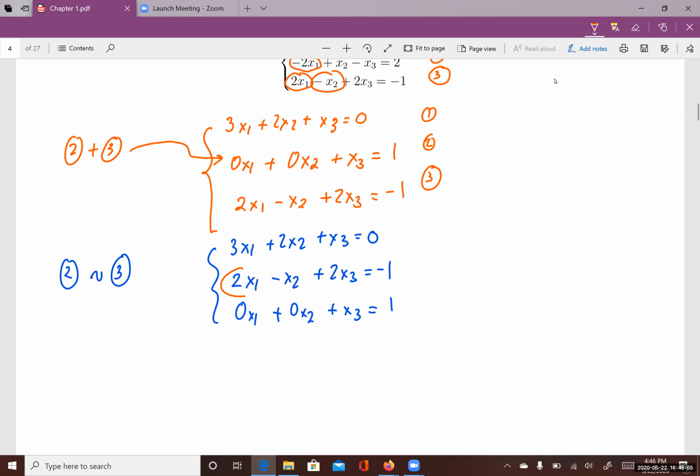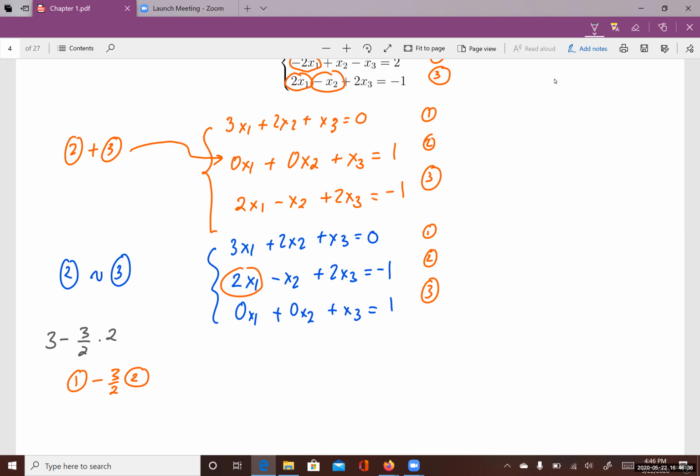At this point, go 1, 2, 3, right? I use the third operation, which is I take the first equation and subtract 3/2 of the second equation, because I know that 3 minus 3/2 times 2 gives 0.